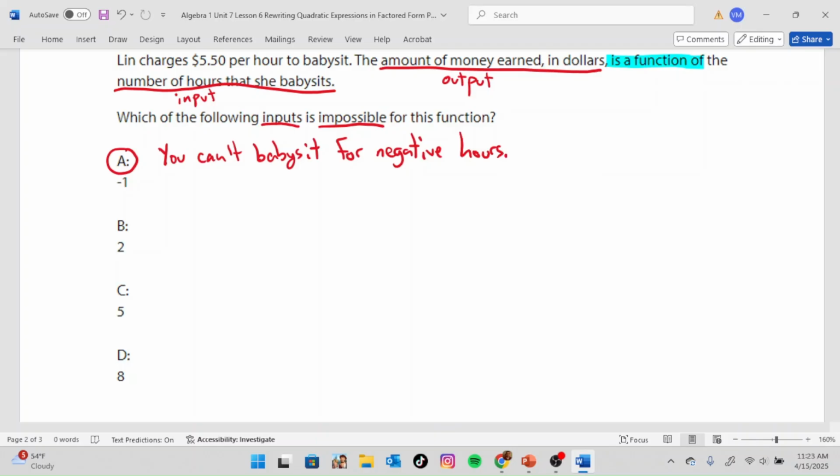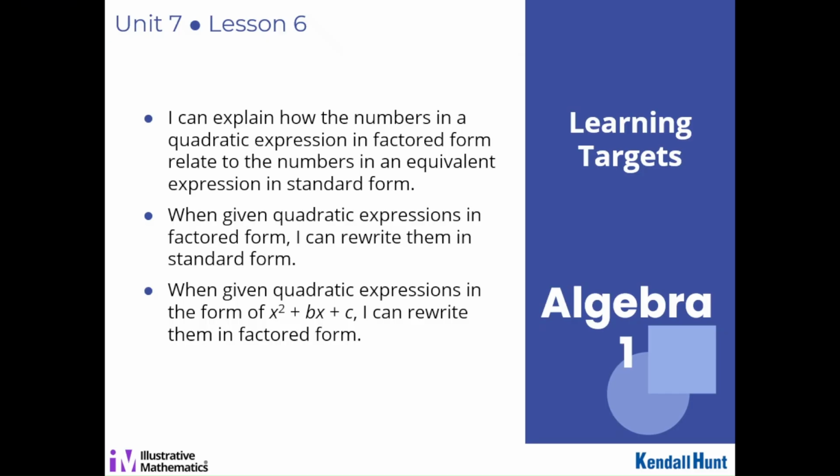Now, before we're finished with this lesson, let's go back, review the learning targets, and ensure that you learned everything you needed to before we move forward to the next lesson. Reviewing our learning targets for this lesson, number 1 says that you can explain how the numbers in a quadratic expression in factored form relate to the numbers in an equivalent expression in standard form.